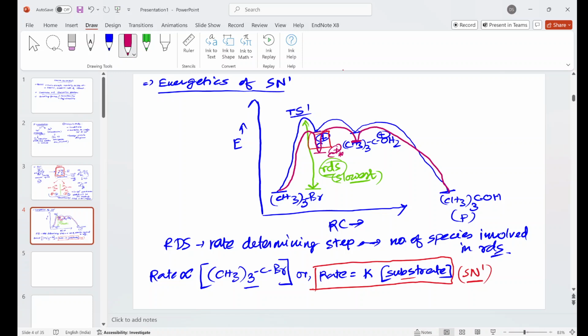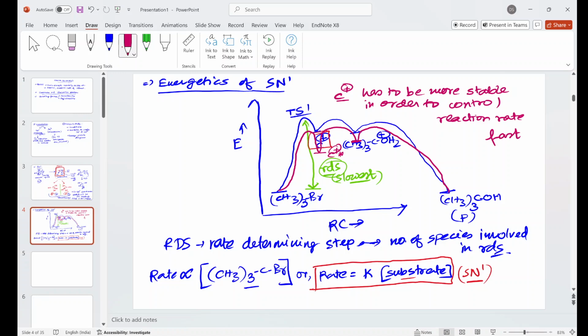The carbocation has to be more stable in order to control the reaction rate. Obviously, the faster.